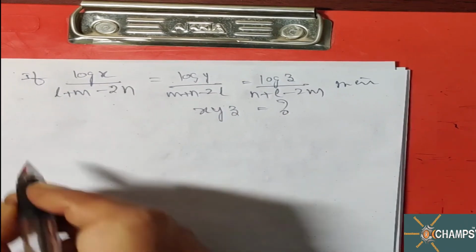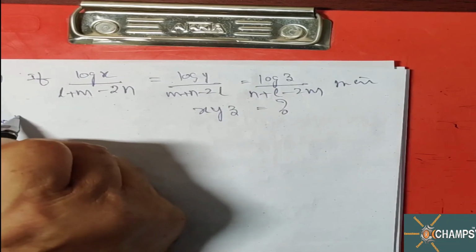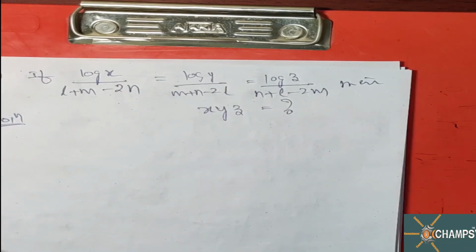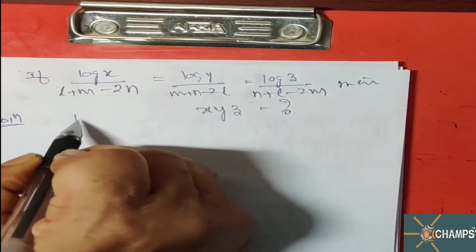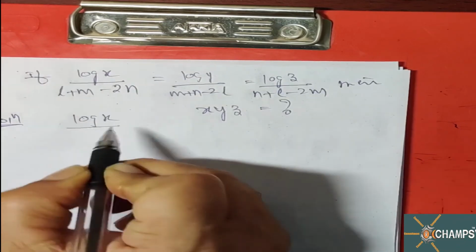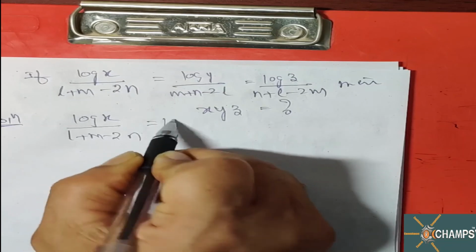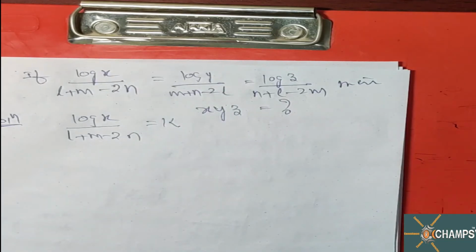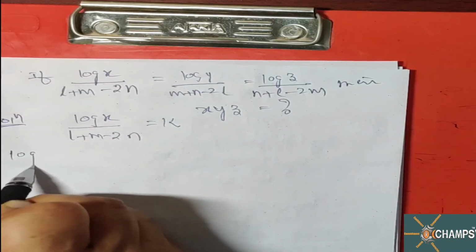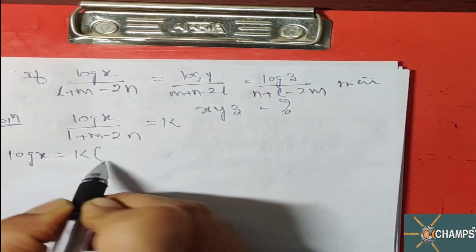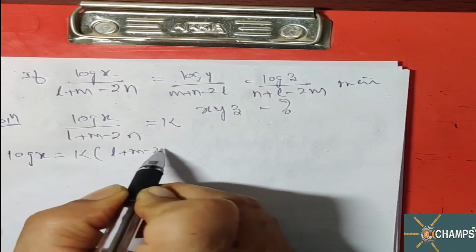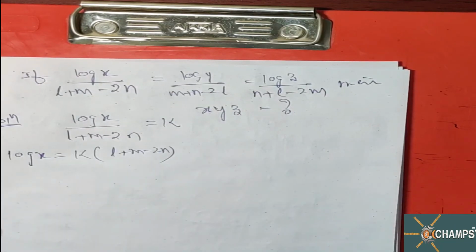Again, simple question, sir. See the solution part of this. Log x divided by l plus m minus 2n is equated to a constant k. So log x is equal to k into l plus m minus 2n.